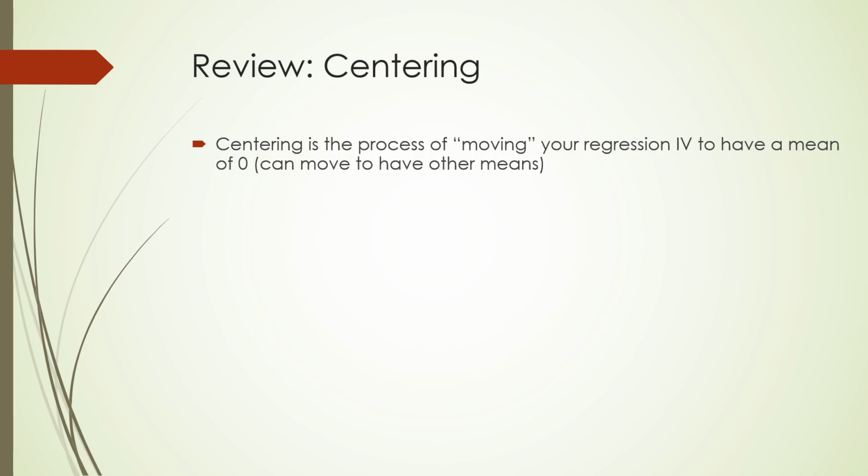So if somebody says they centered, you can usually assume they centered to the variable mean. But in certain circumstances, it's really nice to be able to move this not to the variable mean, but to a completely different value. All right. So the calculation for the centered variable is really simple. You just take the original variable and you subtract what you want the new 0 to be.